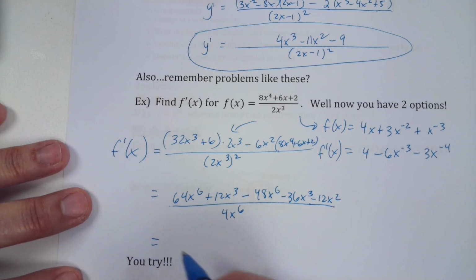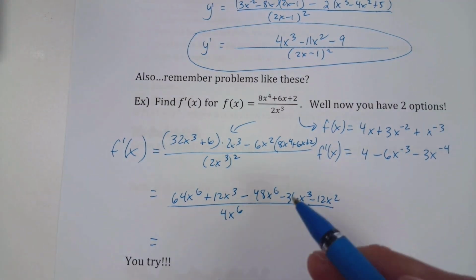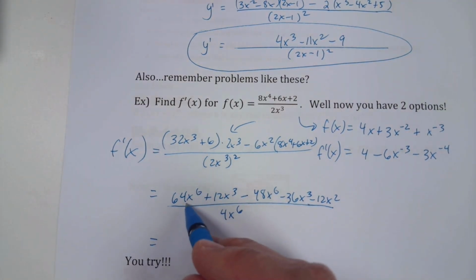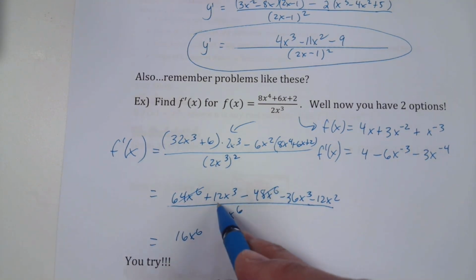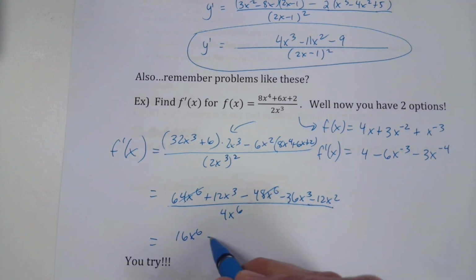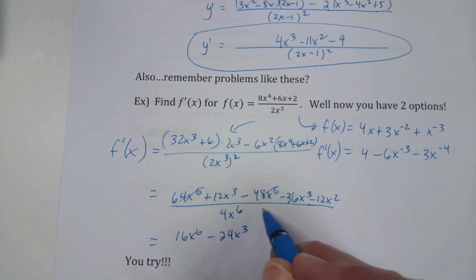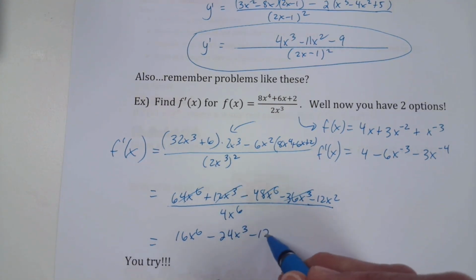So if we were to clean this up, first of all, 64 minus 48, that's 16x to the sixth, that's done. Minus 24x to the third, and then minus 12x squared.